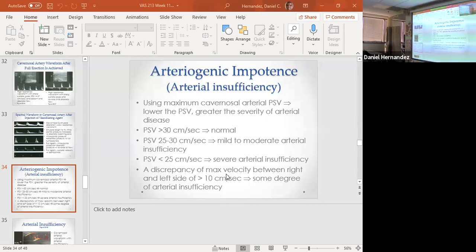A discrepancy of max velocities between the right and left side of greater than 10 centimeters per second could indicate some degree of arterial insufficiency on that particular side.